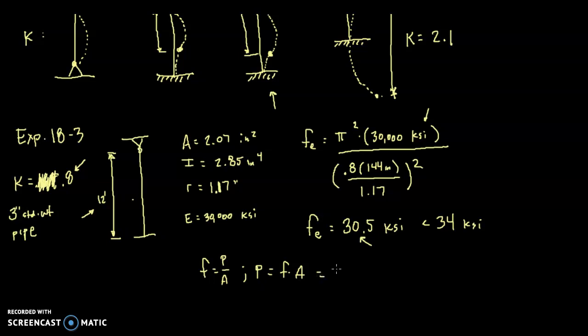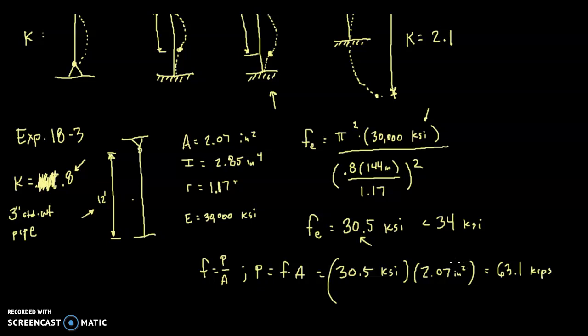So all I need to do is take this 30.5 KSI that I just calculated as the critical Euler stress, multiply it by the area of a 3-inch diameter standard weight steel pipe, which is 2.07 inches squared. And that gives me 63.1 kips.